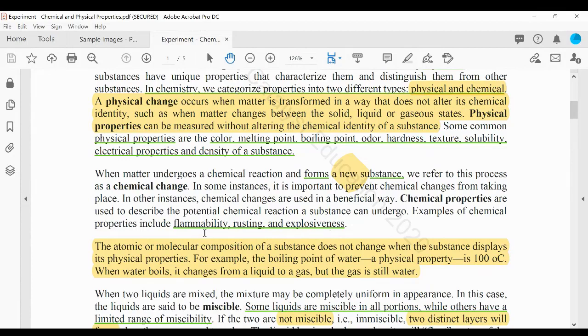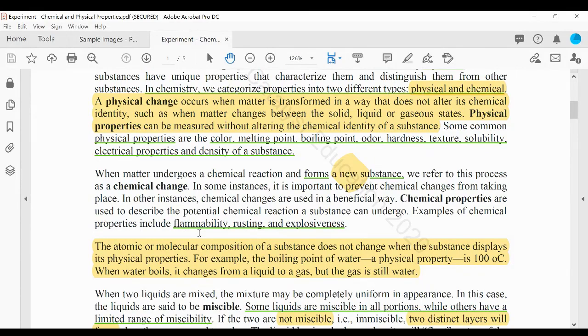If we want to measure, for example, the flammability of a substance, well, we have to make the substance burn. And after the substance burns, we don't have the same substance anymore.